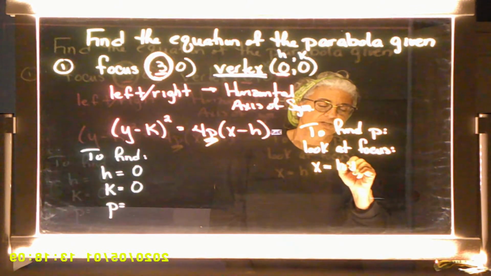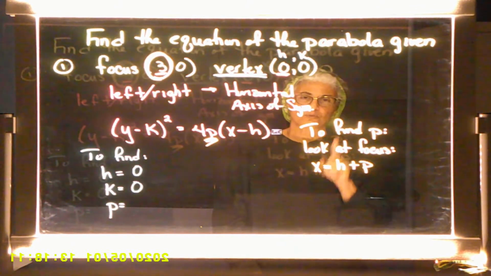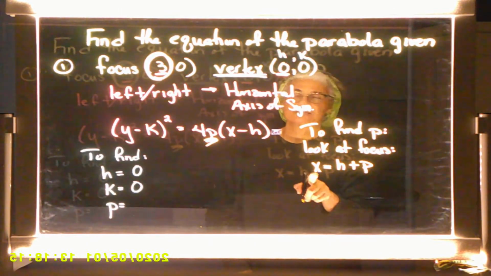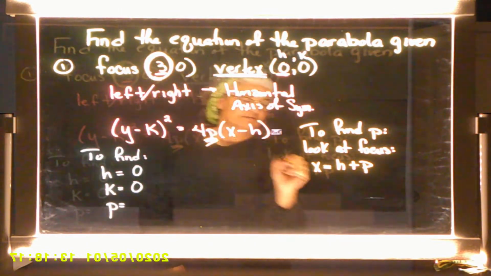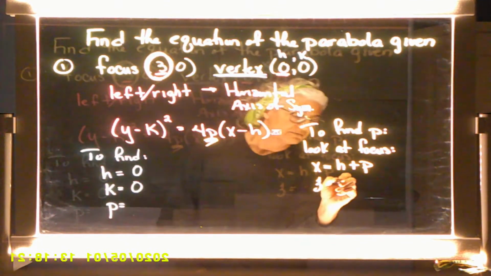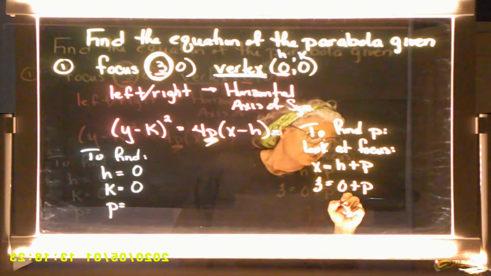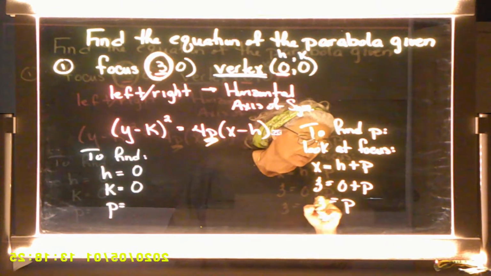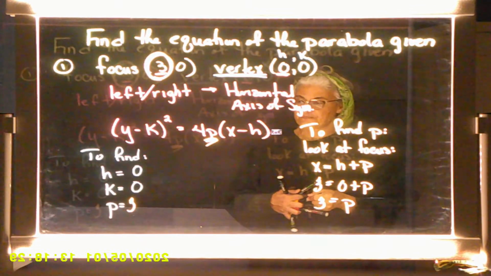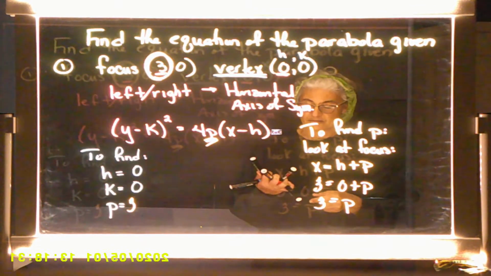So it'd be h plus p, wouldn't it? Okay, my x value is 3, my h value is 0, and then plus p, which tells me p is equal to 3.